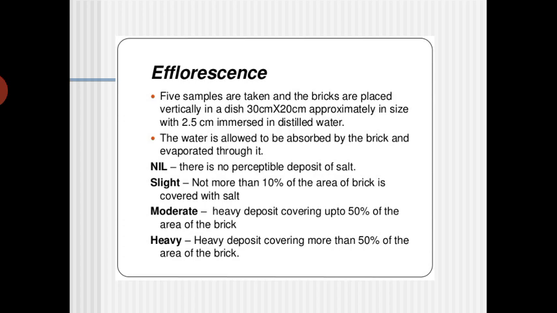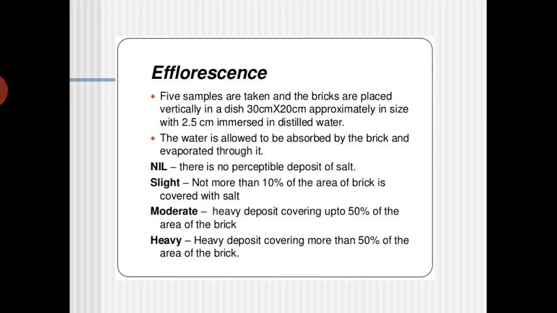Then you report it as moderate if a heavy deposit covers up to 50% of the area of the brick. For example, if the brick has 10 meter square area and the salt is occupying 5 meter square area, then you record it as moderate efflorescence of the bricks.